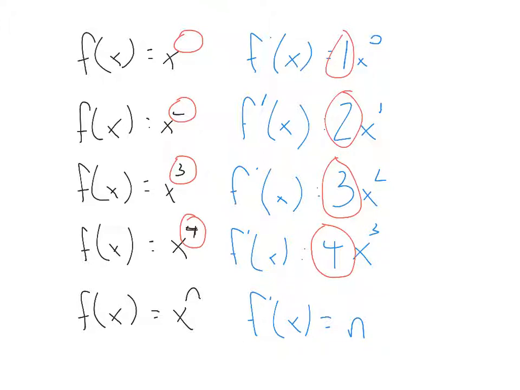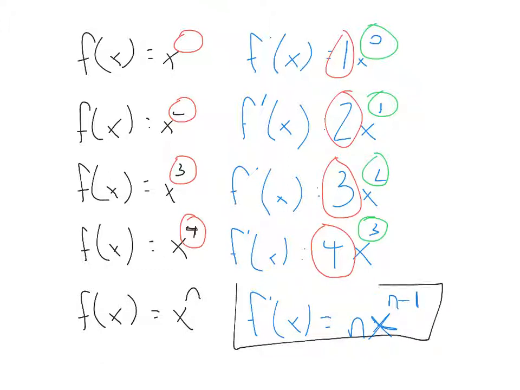And it'll be multiplied by x to the, and our exponent became 1 less. The degree dropped by 1 compared to the original. And so how do we do 1 less than n? Well, we just say n minus 1. And so this is the general derivative that we can follow for power functions. And for now, we are done.